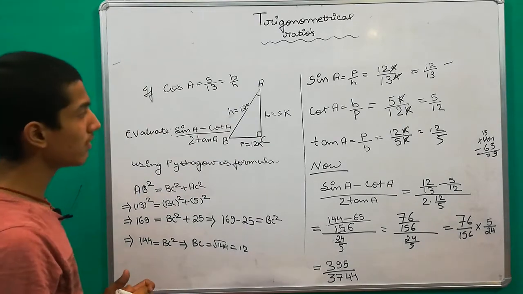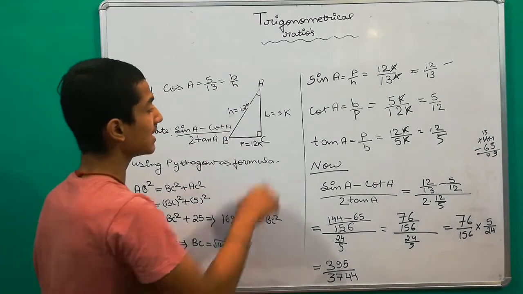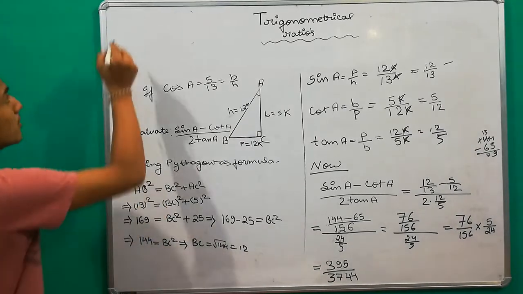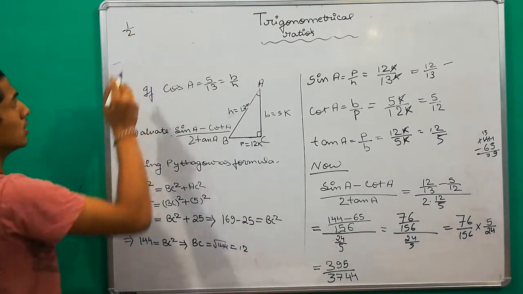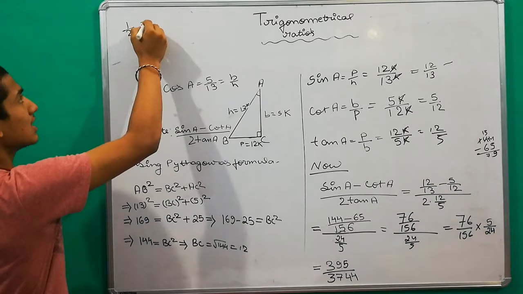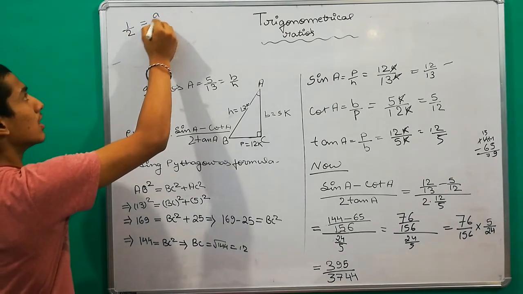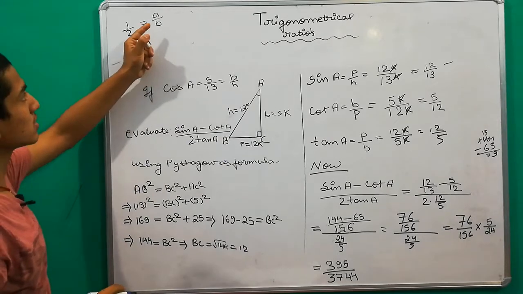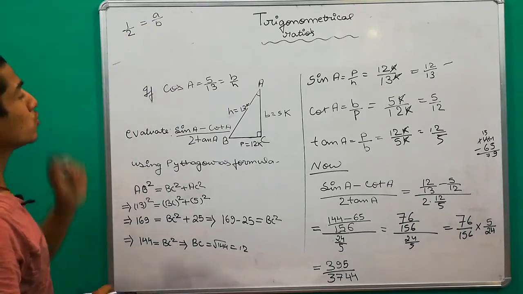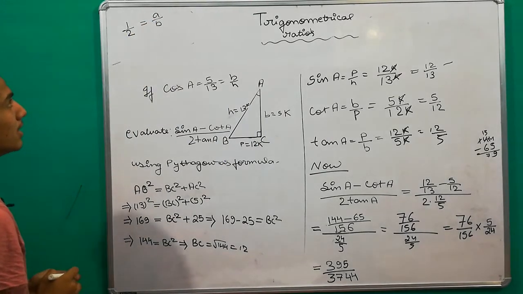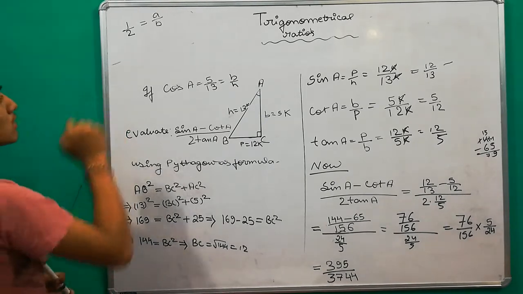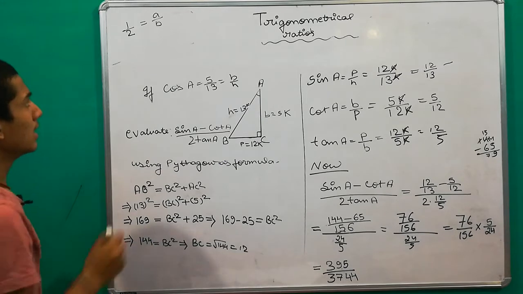So friend, first we will take a constant as K. Suppose the ratio a by b is given as 1 by 2. We will not say that a equals 1 and b equals 2.